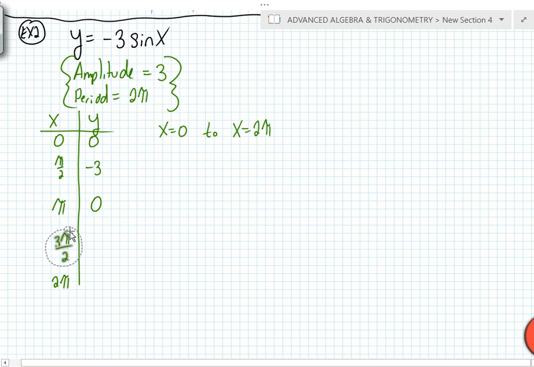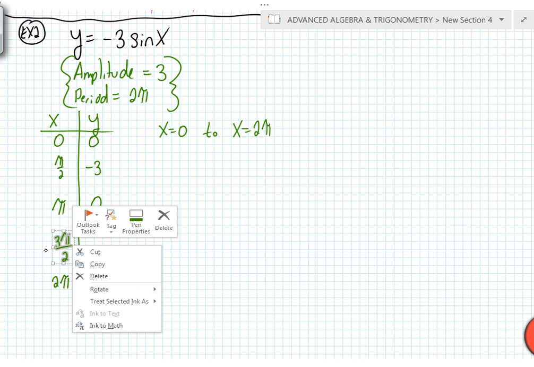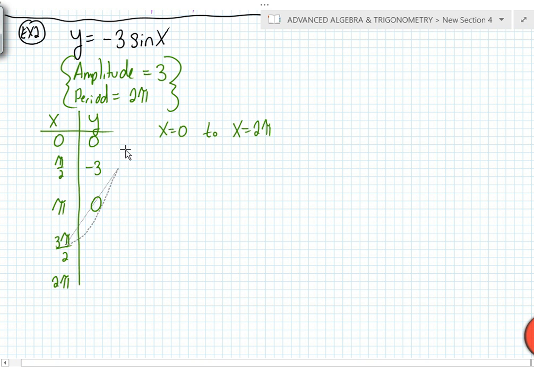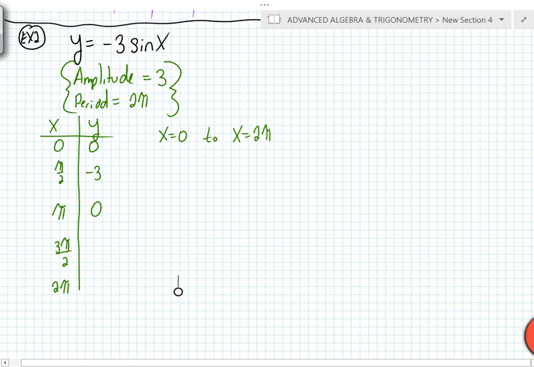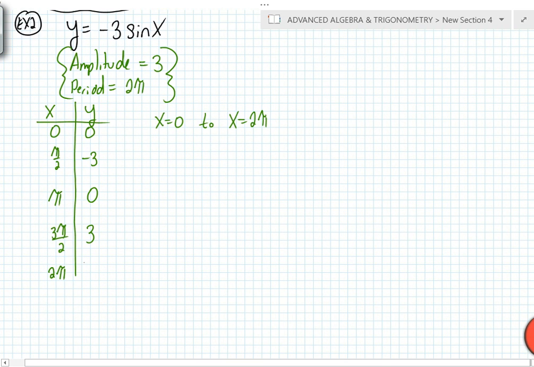If I plug in 3 pi over 2, the sine of 3 pi over 2 is negative 1. Negative 1 times negative 3 gives us positive 3. And finally, the sine of 2 pi is 0, and 0 times negative 3 still produces 0. We have our 5 quick and easy coordinates. So let's go ahead and get our graph going.